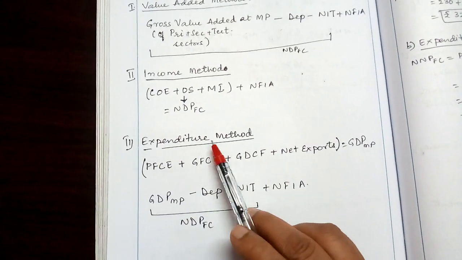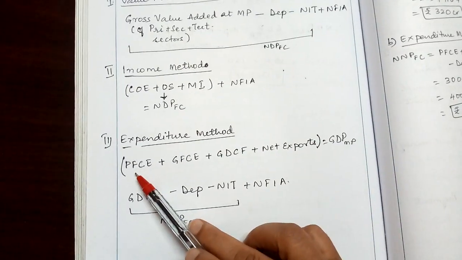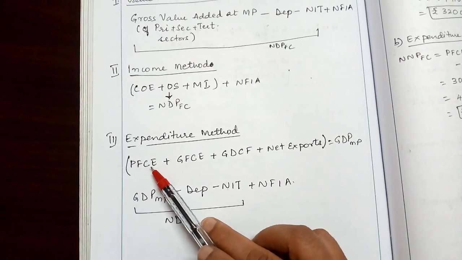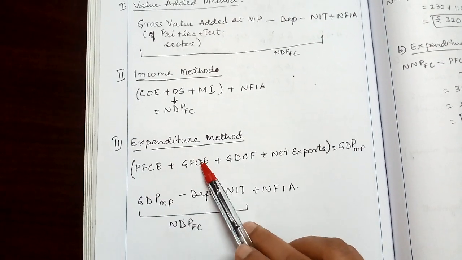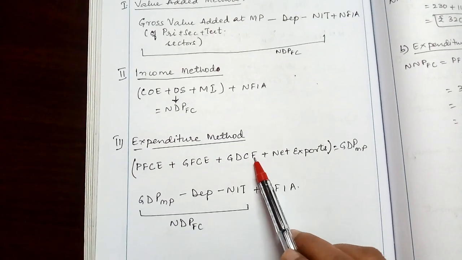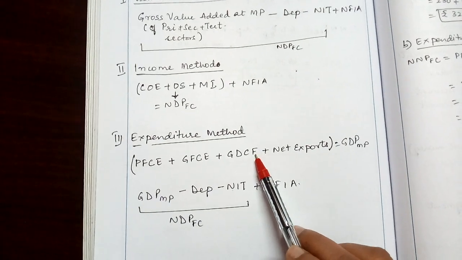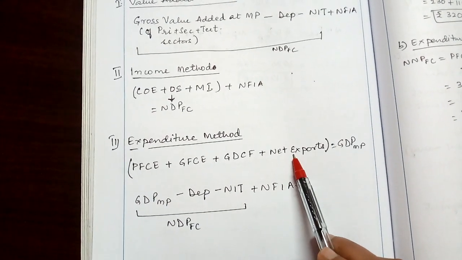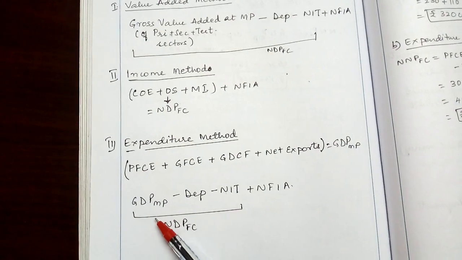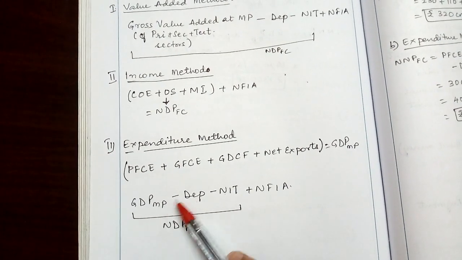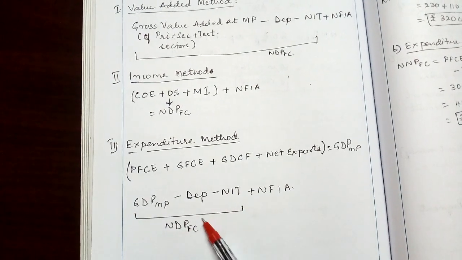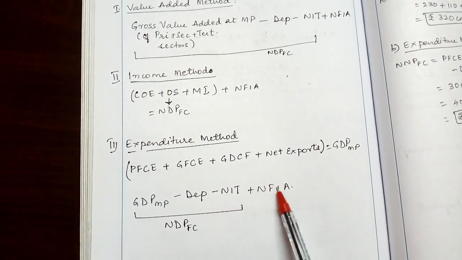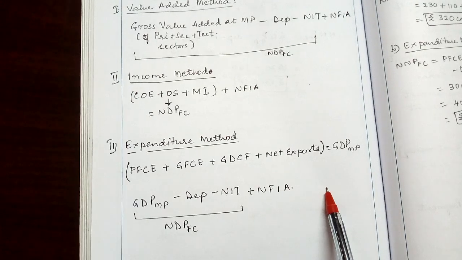The third method, the expenditure method, the final consumption expenditures made by private, that is households, the government, the gross domestic capital formation of the firms and the government, plus net exports would give us GDP-MP. This GDP-MP minus depreciation minus net indirect taxes would give us domestic product plus net factor income from abroad will give us the national income.